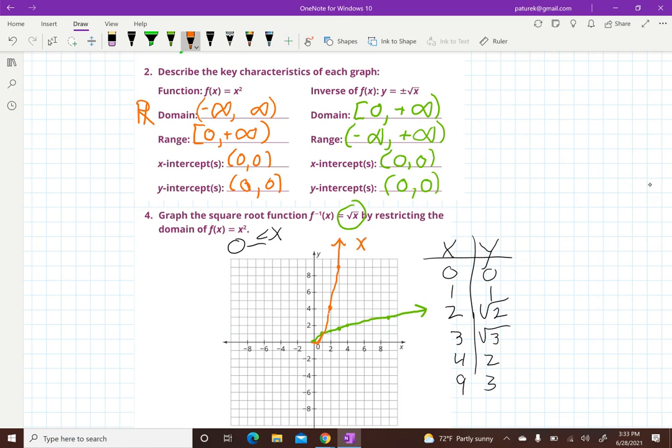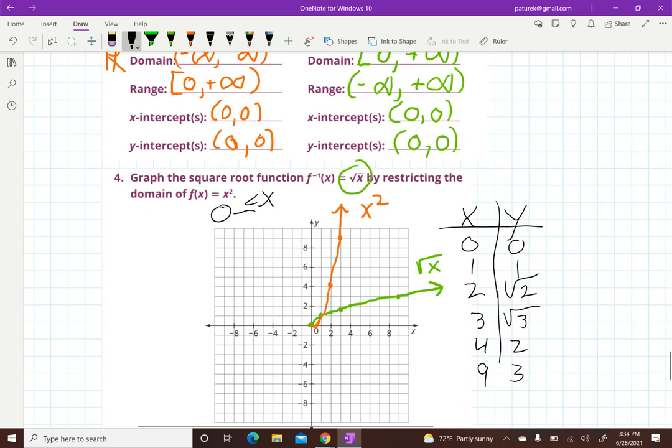So this is x squared, and this other one is positive root only of x. So those are the two functions. Oh, I should say the original function in kind of orange, and the inverse of that function. Again, it's a reflection about y equals x. Really, it should go through that corner.